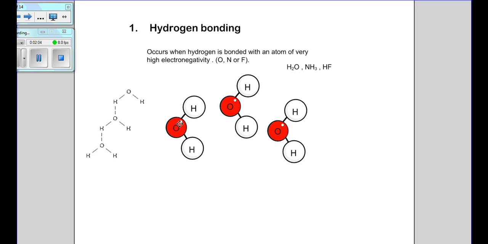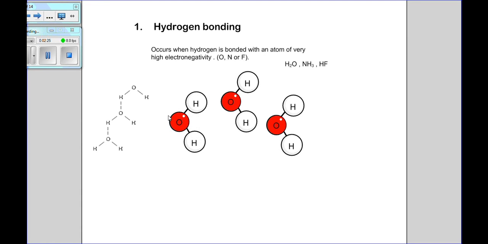So when these atoms combine with hydrogen, the electronegativity of the oxygen, in this case, for example, is so strong that the electrons are very dense in the vicinity of the oxygen and very sparse in the vicinity of the hydrogen.